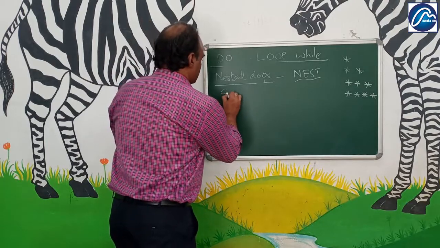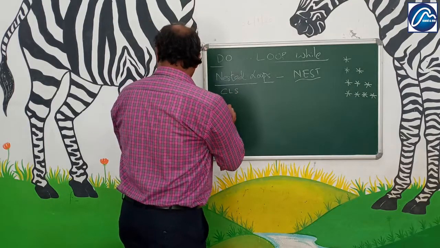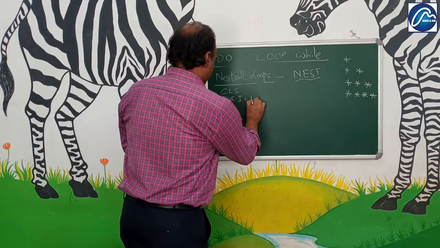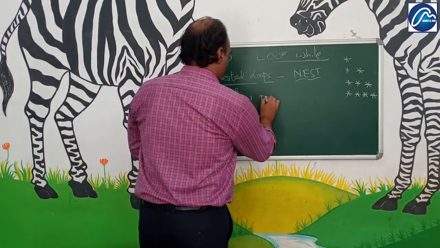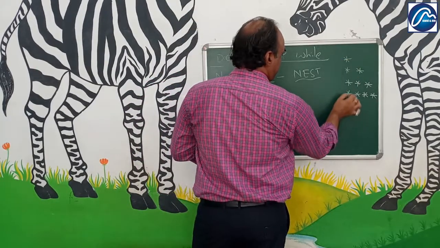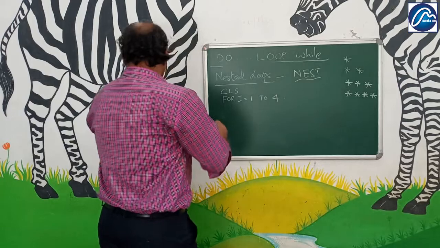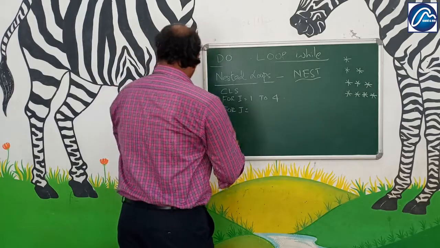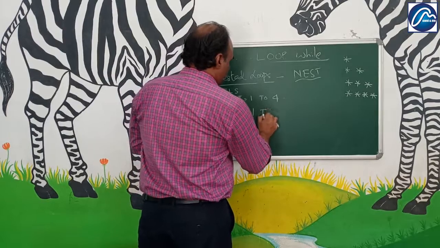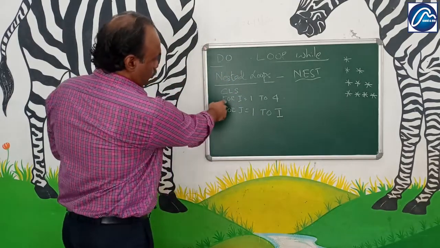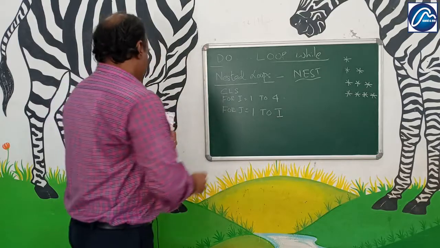Now again, first line will be CLS, always. For I = 1 to 4. Why 4? Because we are starting from line 1 ending with line 4. For J = 1 to I. See, the nested loop starts here. Loop within a loop.